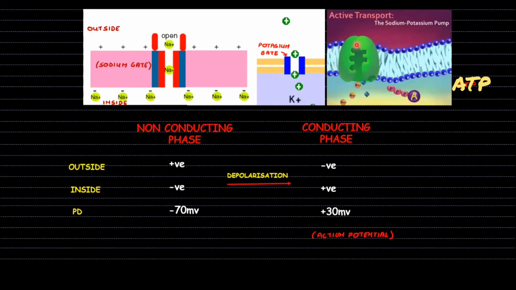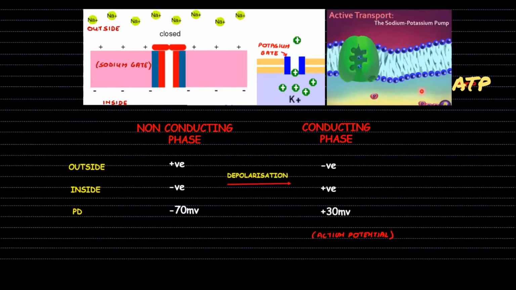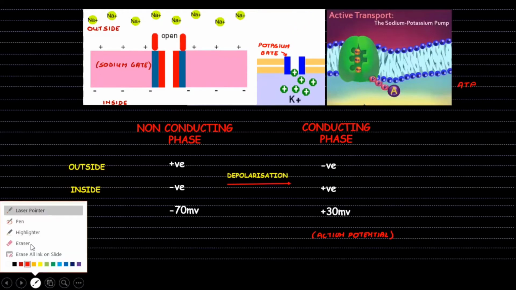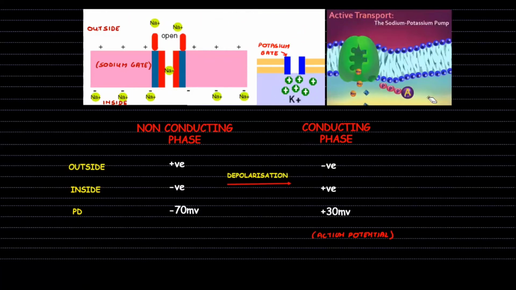And for operating this pump, we require energy in the form of ATP, adenosine triphosphate. So it is using the energy in the form of ATP and pumping out the sodium, pumping in the potassium. So this will continue.